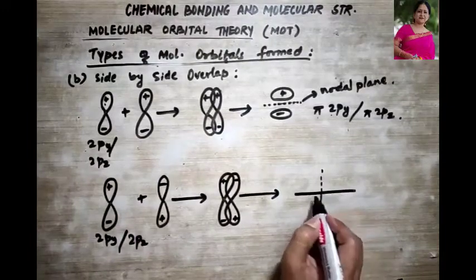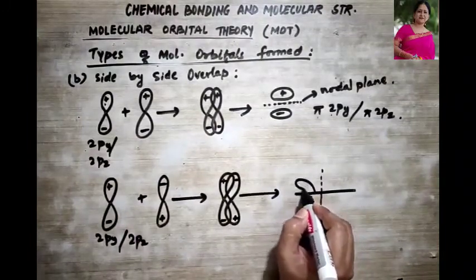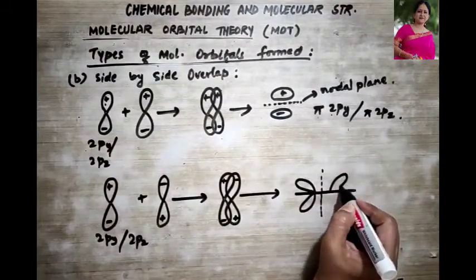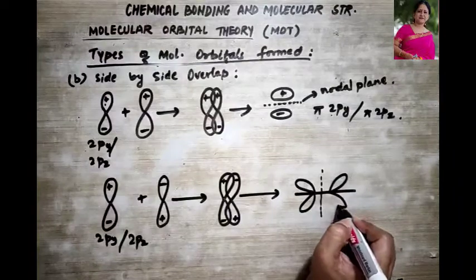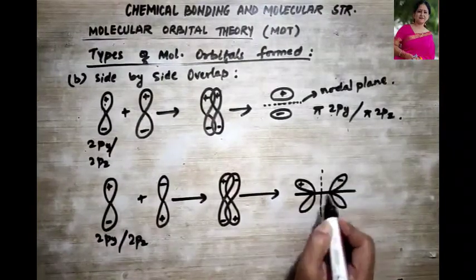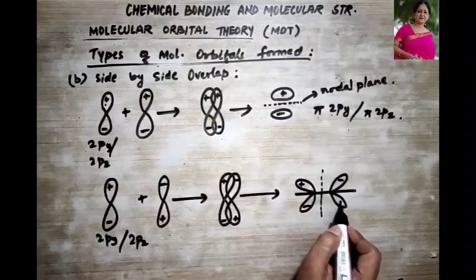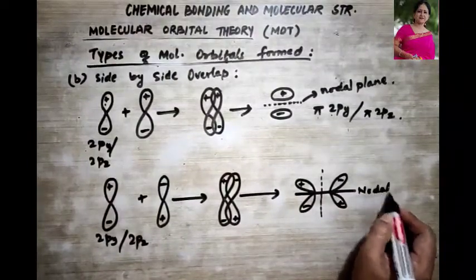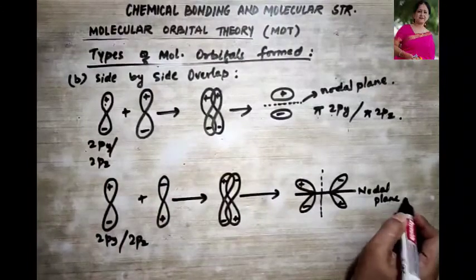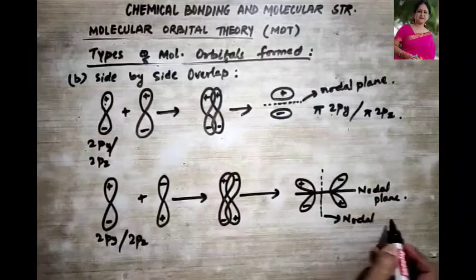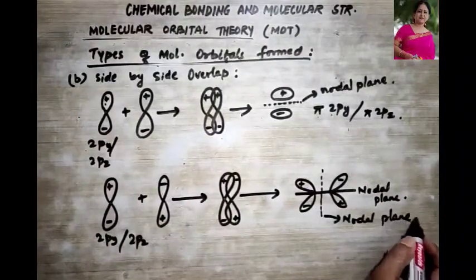Okay, two nodal planes are formed over here. So this becomes your plus minus, this is your minus and plus. This is one nodal plane and this one is another nodal plane, right?